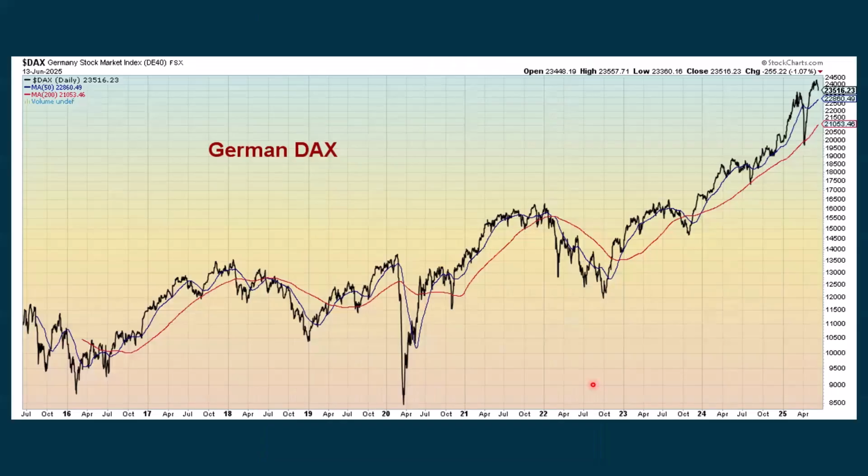We do keep an eye on the German DAX, which is coming off of setting a recent all-time high. It's probably the strongest index on the globe right now, but that could always change. U.S. stocks could come back in and take a leadership role, or if this geopolitical situation still continues to escalate, it could impact all stocks across the globe as well.